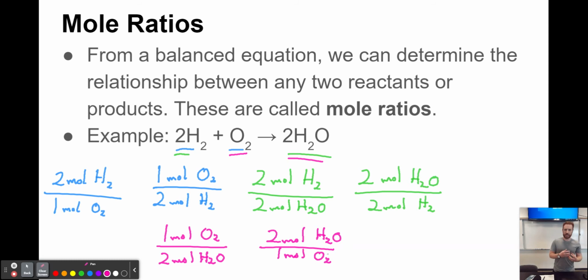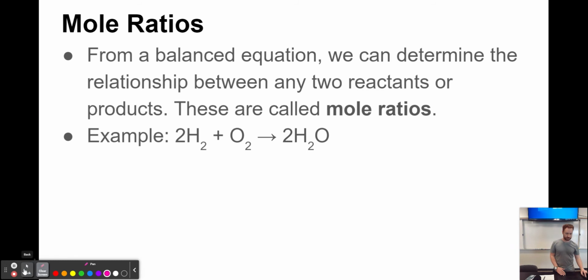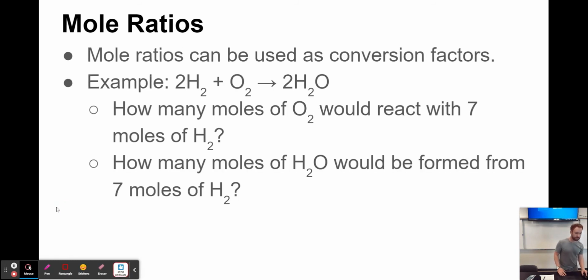So we can pull these relationships, these mole ratios, from a balanced equation and then use them mathematically as conversion factors. And I realize that I'm making some jumps, but hopefully the concept of conversion factors makes sense. Hopefully the concept of balanced equations makes sense. And so therefore this is not too much of a jump forward. What this is useful for is predicting reactions.